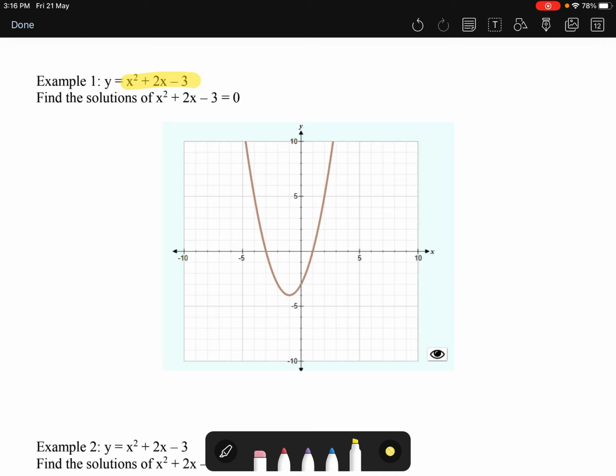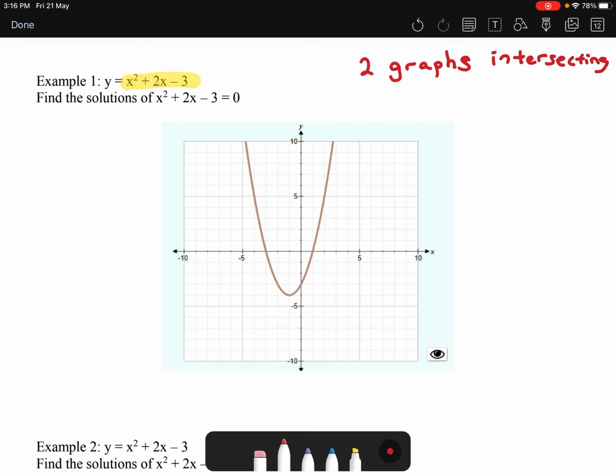Whenever we are finding a solution or intersection, it is very important that we must have two graphs intersecting. Because when we talk about intersection, we must have minimum two things to intersect. We cannot have just one thing intersect with its own self.